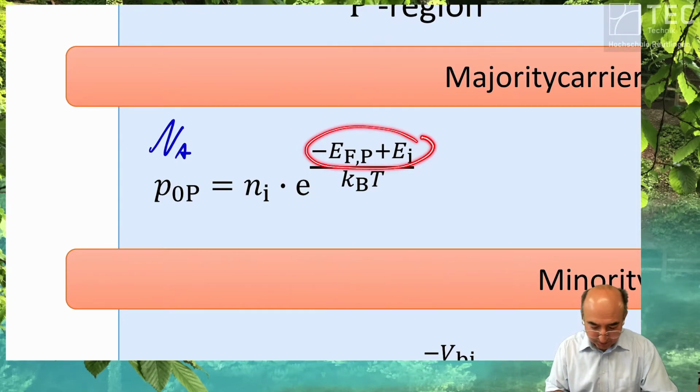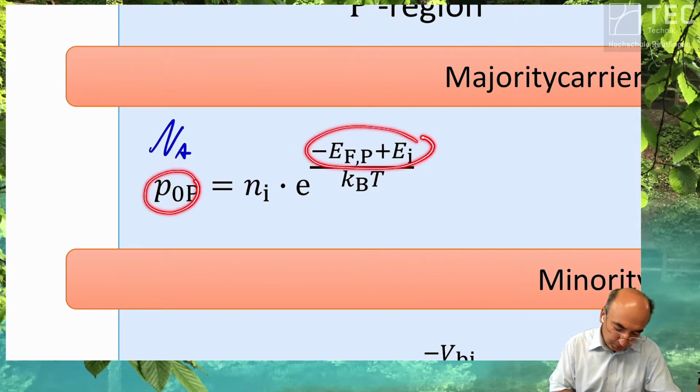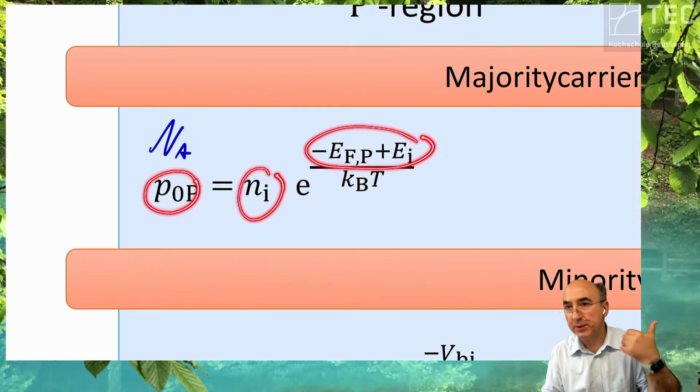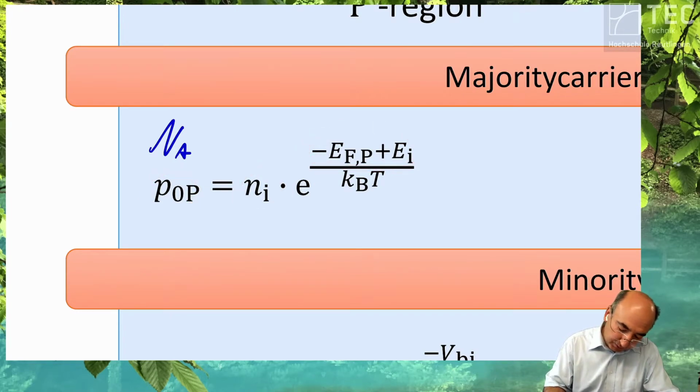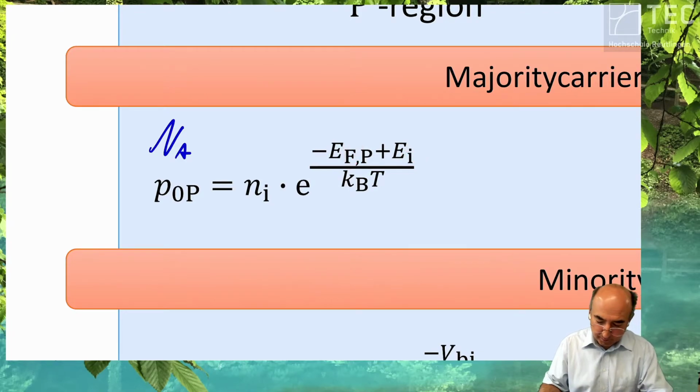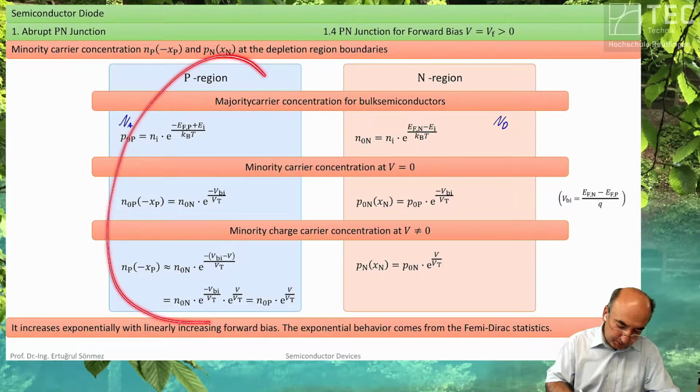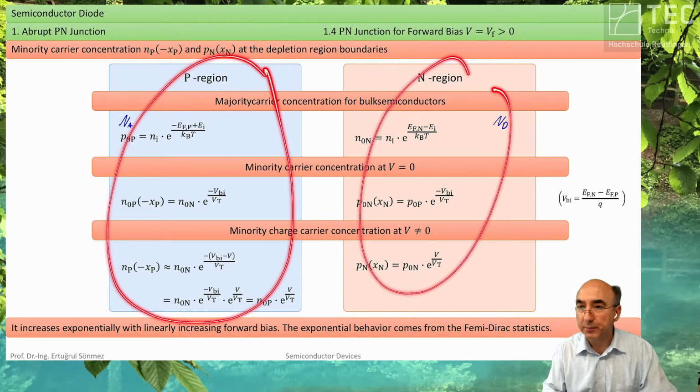Because this is the same expression, the concentration is given by the intrinsic carrier concentration, the table we have referred to several times, by the distance of the Fermi level to the intrinsic level. Okay. Let's keep this in this P region. The N region is equivalent.